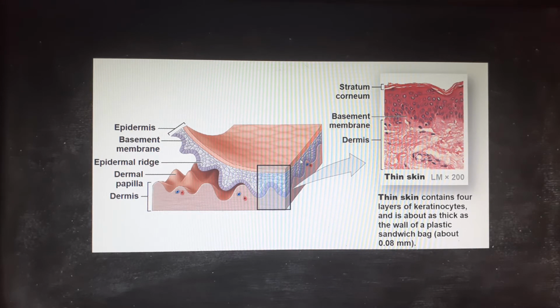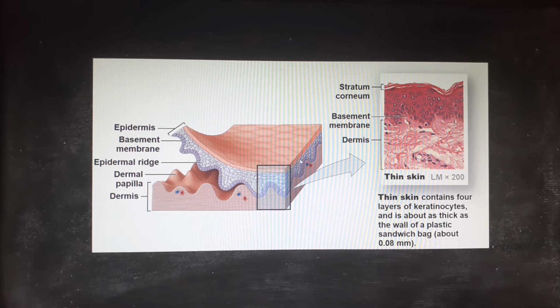Now there are going to be two different kinds of skin on your body. There is thin skin, which is on most of your body: your arms, your legs, your face, your neck, your back, everywhere except your palms and your soles. In this, we're going to have this basement membrane. We're going to have several layers, and then we get up to the top layer here. And it's not a very large distance in thin skin.